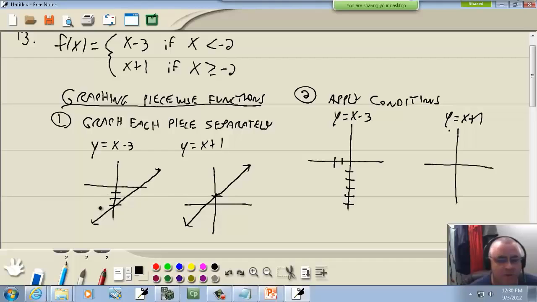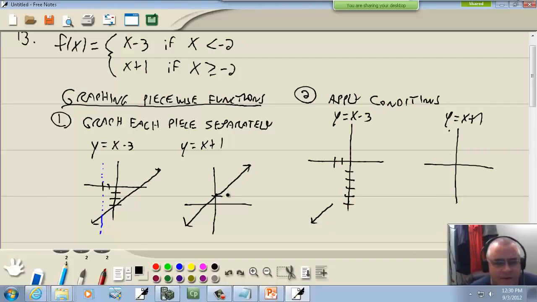What I'm going to do is take this, and it's like we have an invisible line here at negative 2, and we're going to erase either the left side or the right side. Well, this tells us to keep when x is less than negative 2, so I'm going to keep the left side. That's where it's less than, so I keep that piece right there.